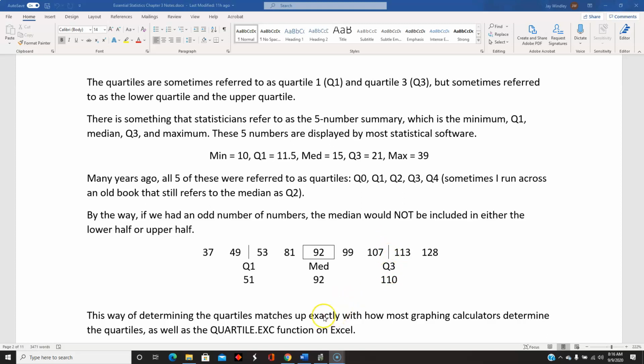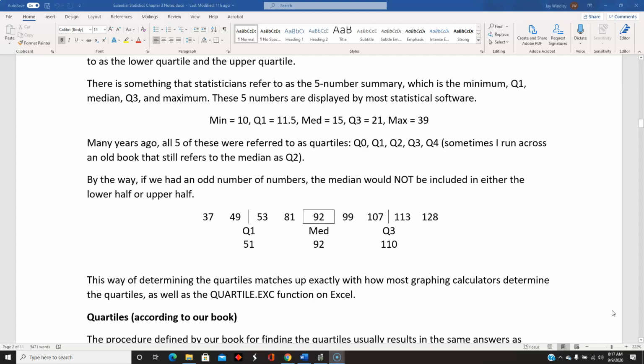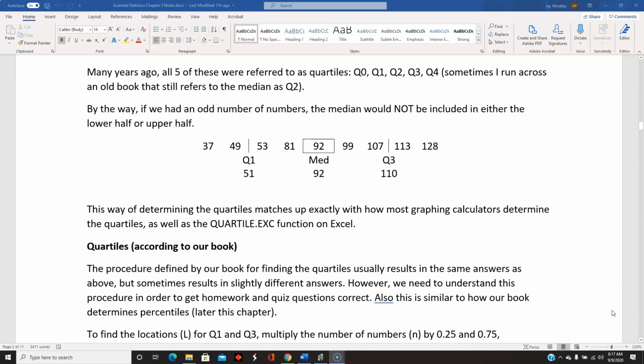So this way that I've just demonstrated of determining the quartiles is exactly how most of your graphing calculators do it, and it's exactly the way the Excel spreadsheet function called quartile.exe works. That's how most of the planet determines quartiles. Quartiles, according to our book, are a little bit different. And for the most part, it matches up with what I just showed you.